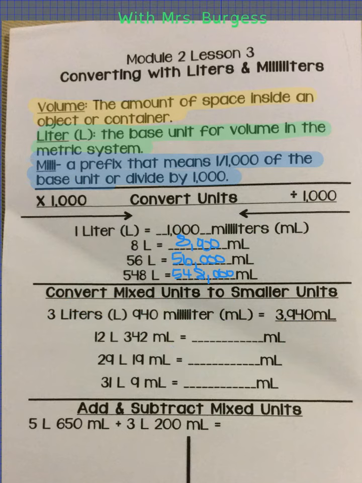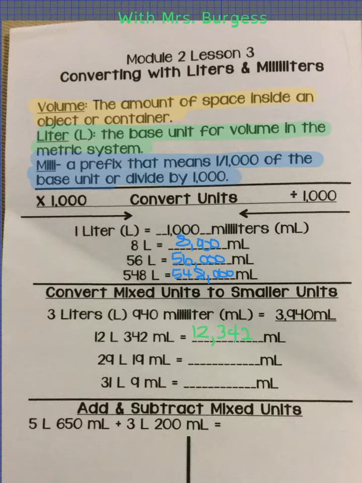I'll do this first one with you. 12 liters is going to be 12,000, right? 12,000 milliliters. That comma tells me it's 12,000. 342 milliliters. I can write the 342 right here. Okay. Now these next two are tricky.